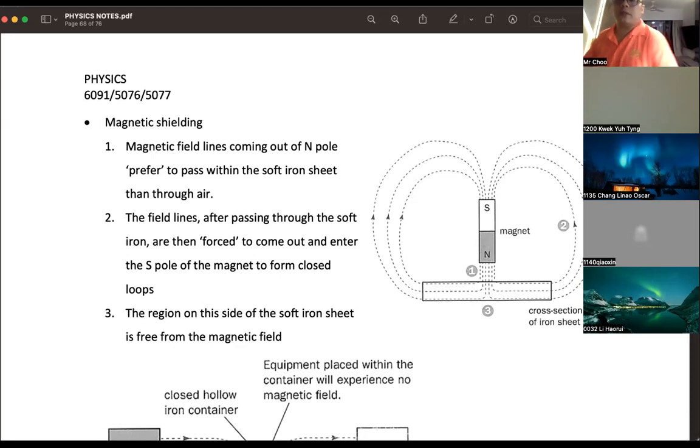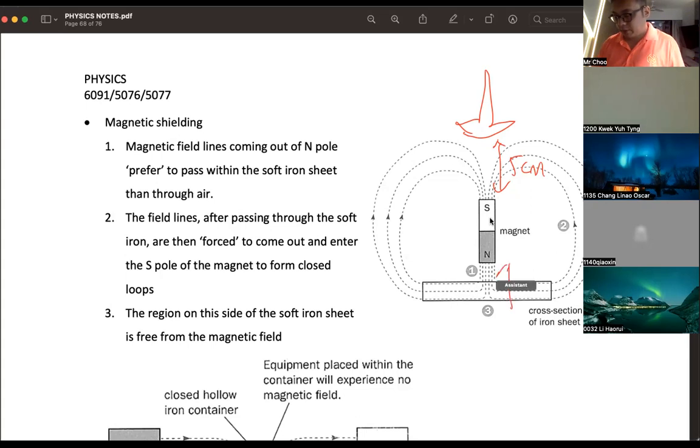Magnetic force, okay? For example, if I put an iron nail here, maybe about 5 cm from the magnet, this iron nail will be attracted to the magnet.